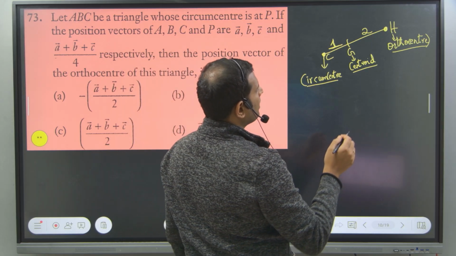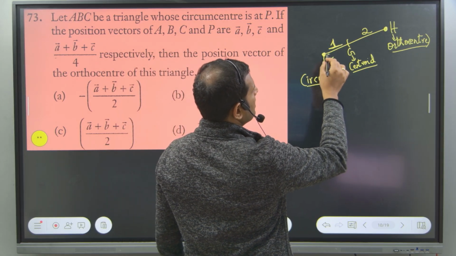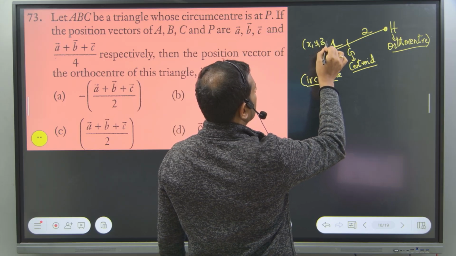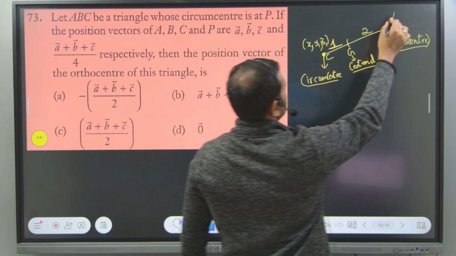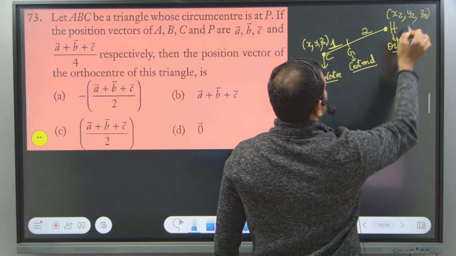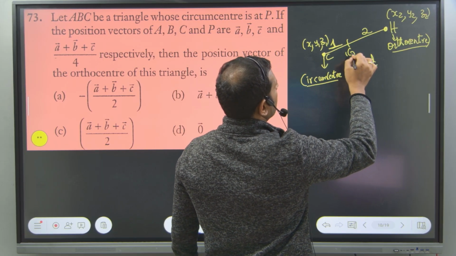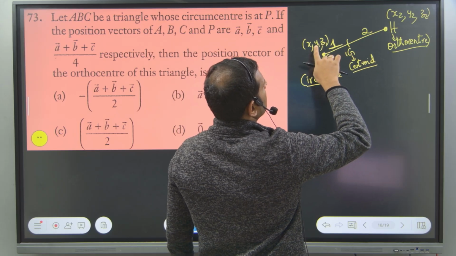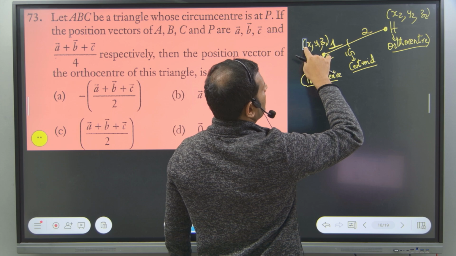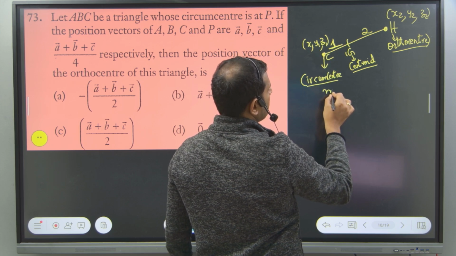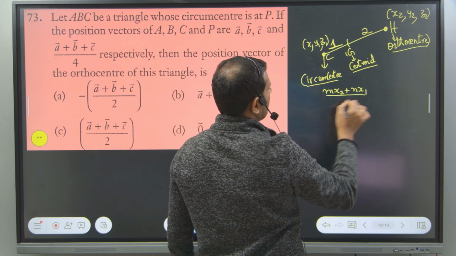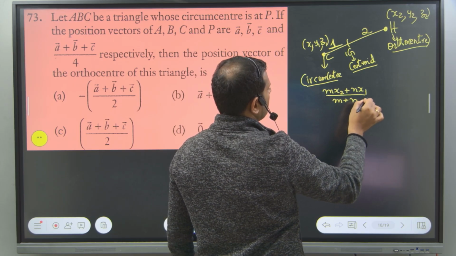How do you use the section formula? Let us say this is x1 y1 z1, this is x2 y2 z2. So what would be the coordinate of point G? The section formula says m x2 plus n x1 by m plus n.